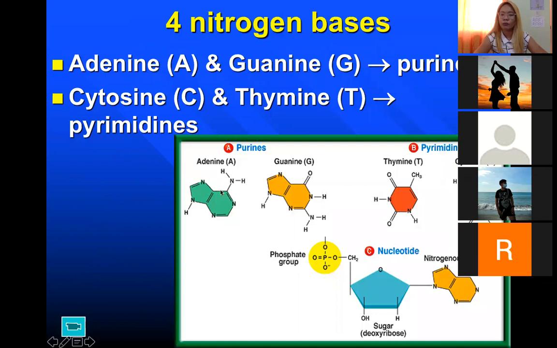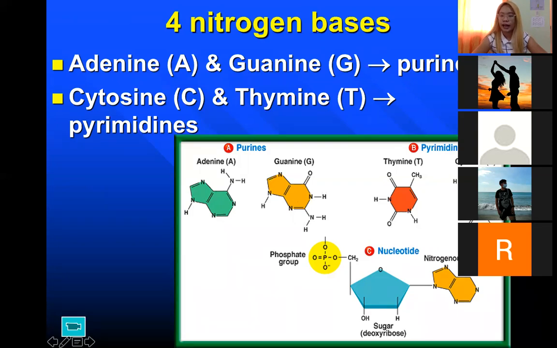Okay, so ito yung purines natin, adenine and guanine. So based on the description of Yunila, double rings daw sila. So if you will notice here, adenine has this hexagon ring, and then meron siyang pentose ring dito, dalawa, double ring. The same with guanine, meron siyang hexagon ring, and then meron din siyang pentose ring.